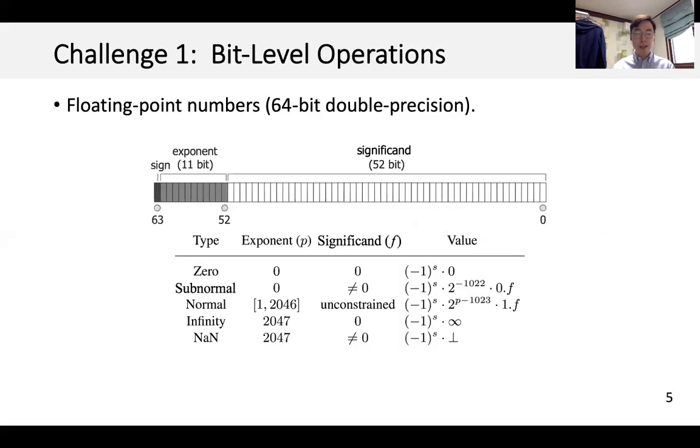To explain that, let's recall the definition of floating point numbers. I think most of you are familiar with the definition. The important point is that the 64 bits of a floating point number are partitioned into three regions, and each part represents a part of the floating point representation, like the most significant 12 bits are assigned to sign and exponent bits, and so on.